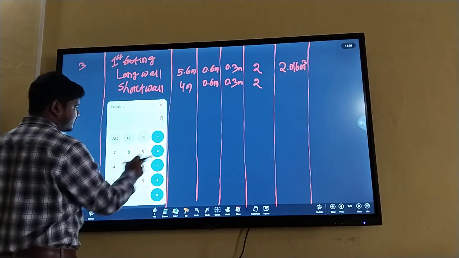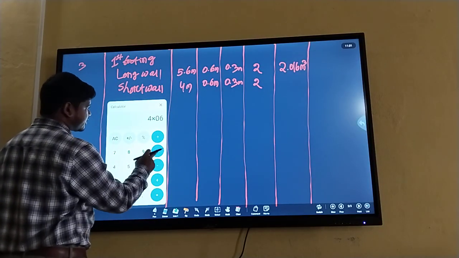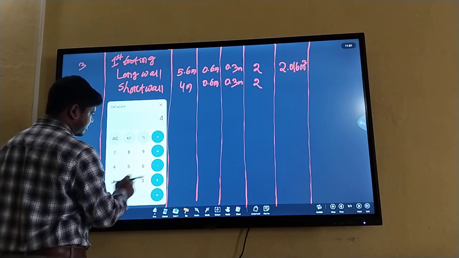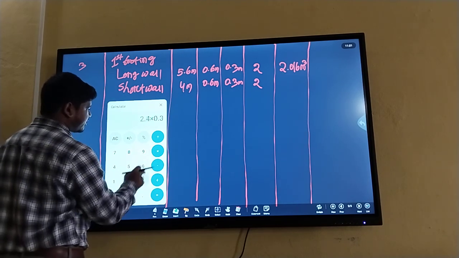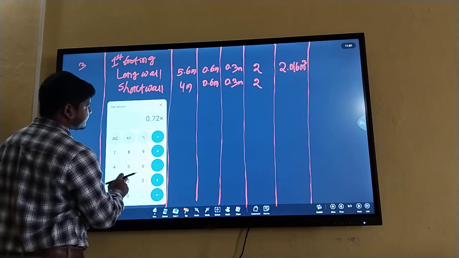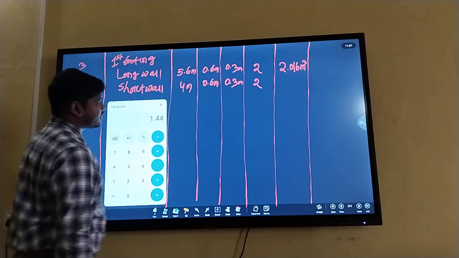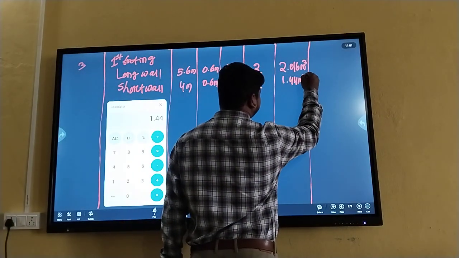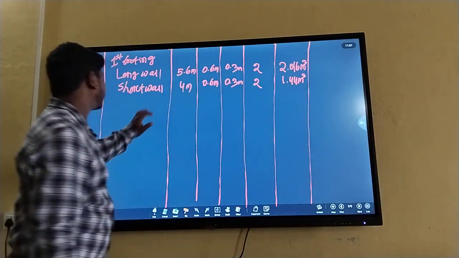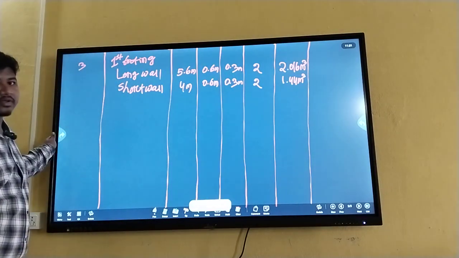For short wall, 4 into 0.6 into 0.3 into number of items 2, which is 1.44 meter cube. This is for the first footing.